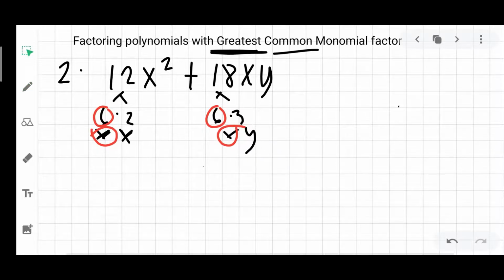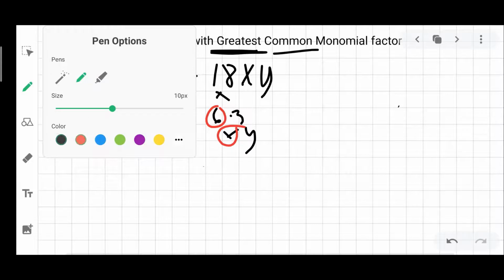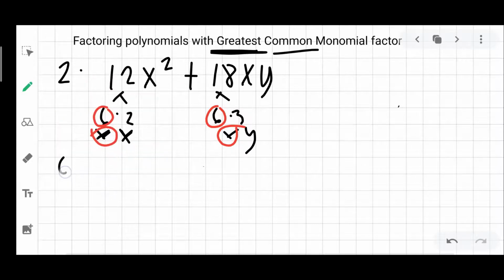So, hindi natin isasama yun. May y siya, pero dito walang y, kaya hindi rin natin isasali. Okay. So, write the common factors, 6x. So, ano na yung mga natirang factors for 12x squared? Yung natira na lang is 2x. Sulat natin.